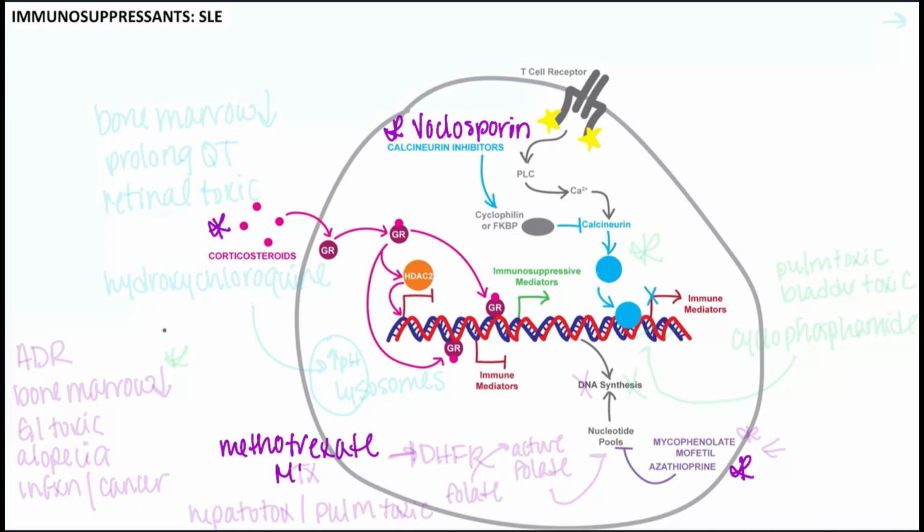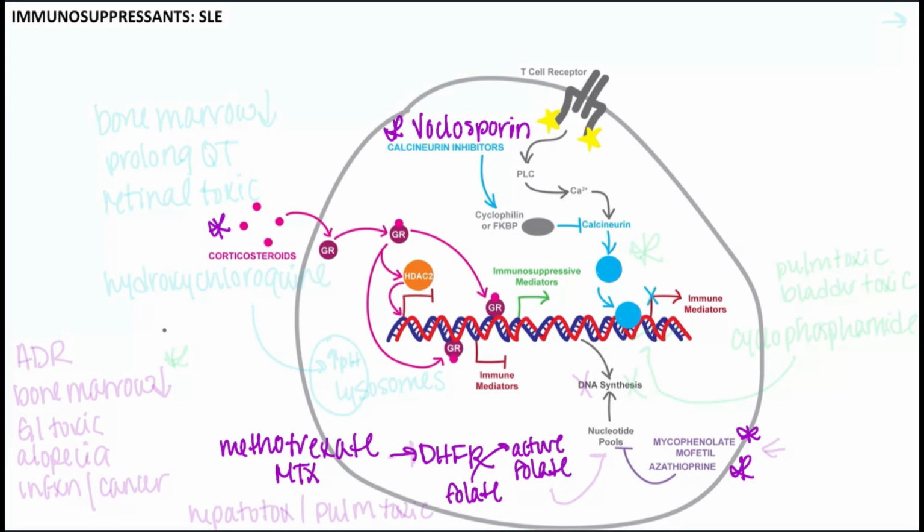which is commonly abbreviated MTX, which we discussed back in block 3 for IBD. And this is a steroid-sparing agent that falls in the anti-metabolite category with mycophenolate mofetil and azathioprine. And methotrexate inhibits dihydrofolate reductase, which is a critical enzyme that is needed for the conversion of a folate to its active form to participate in the synthesis of nucleotides.